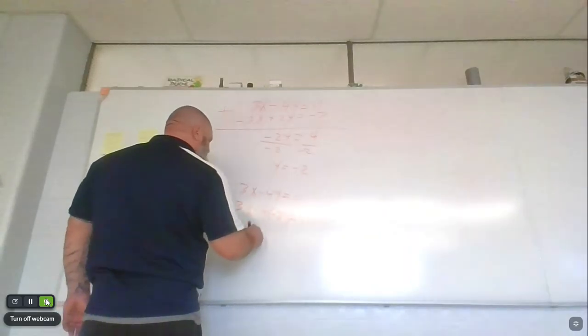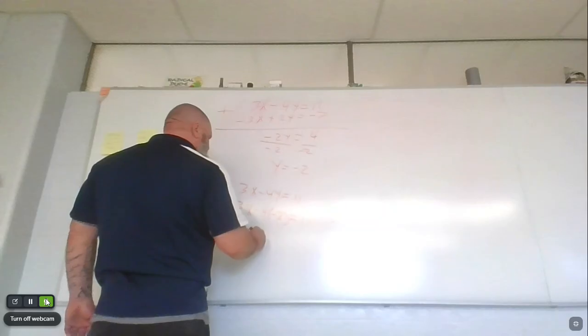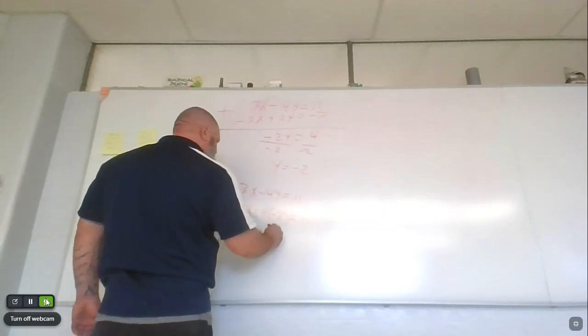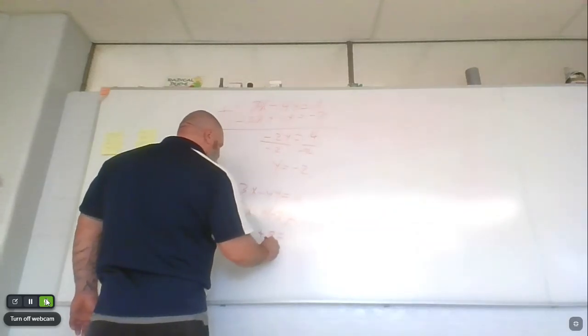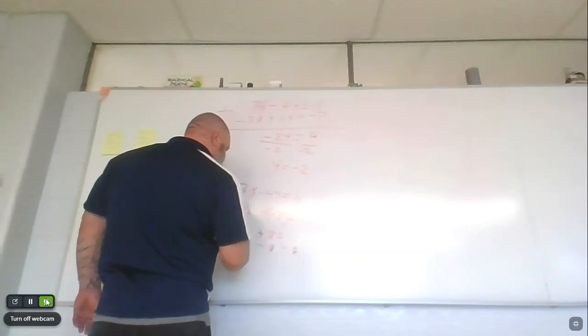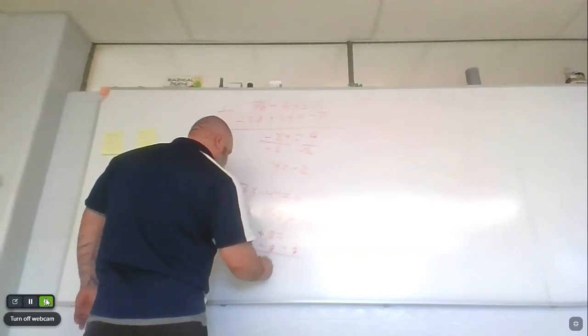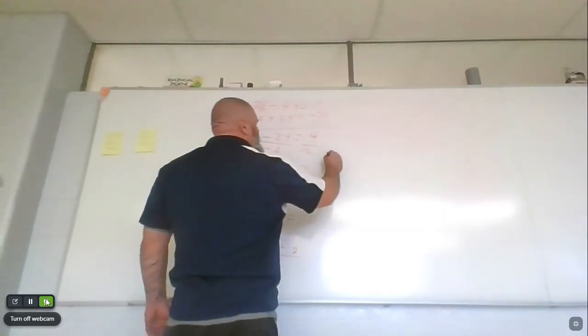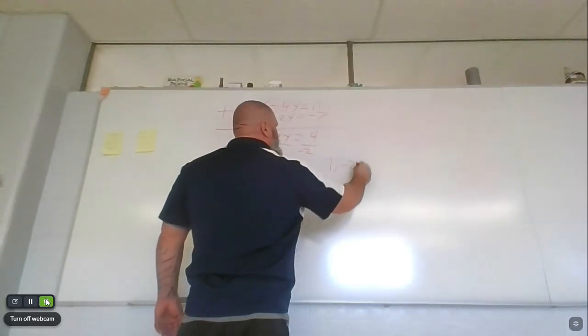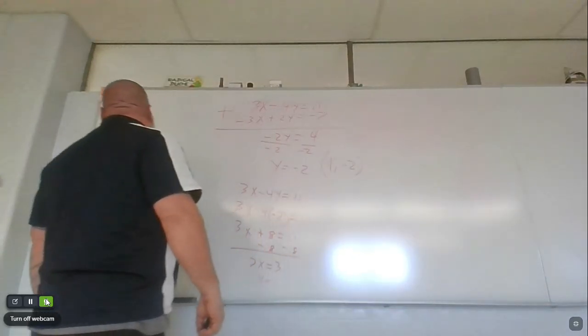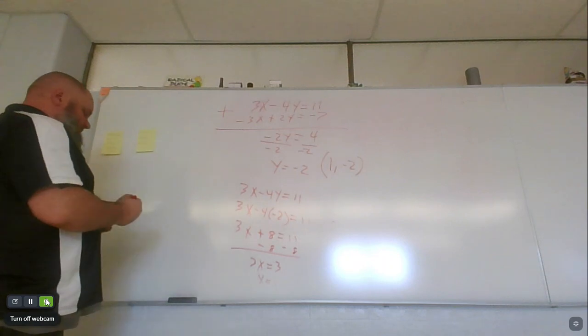So 3x, negative 4 times negative 2 is a positive 8, equals 11. Subtract 8 from both sides. 3x equals 3. So x equals 1. So the point 1, negative 2 is a solution to this system of equations.